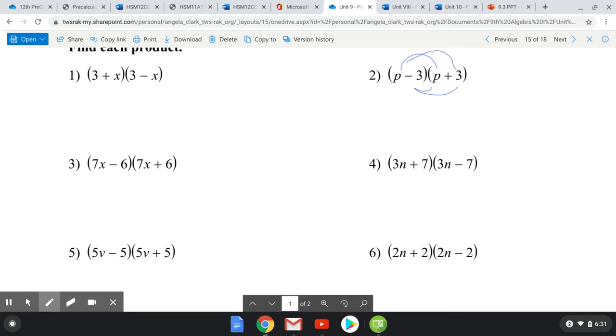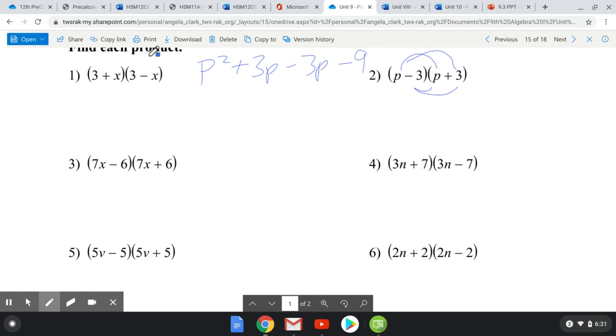So P times P is P squared. I'm going to write it over here for the sake of space. P times 3 is 3P, so that's plus 3P. Negative 3 times P is negative 3P. Negative 3 times positive 3 is negative 9.